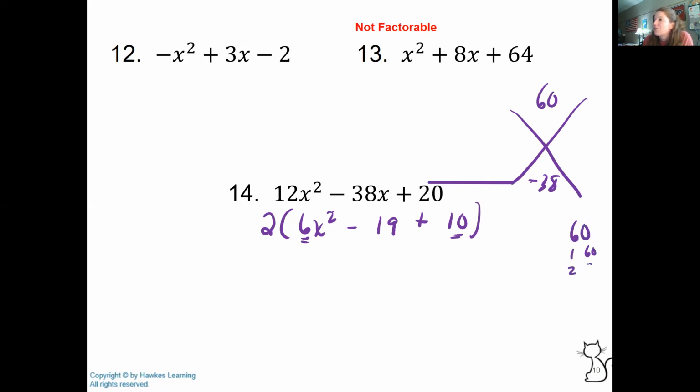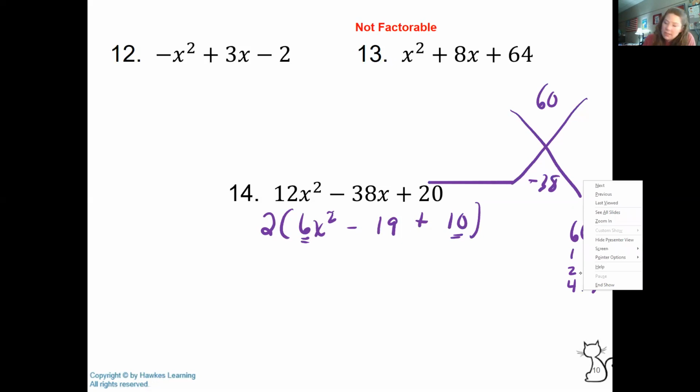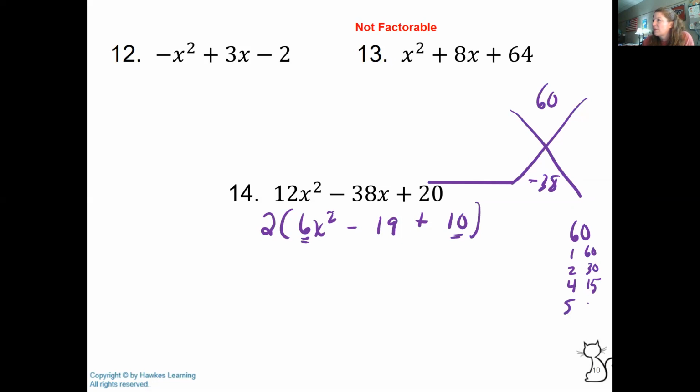I have 2 and 30. 60 divided by 4 is 15. 4 and 15 cannot give me 38. 60 divided by 5 is 12. Oh, I'm sorry, I'm looking for 19. In my brain, I never changed that.